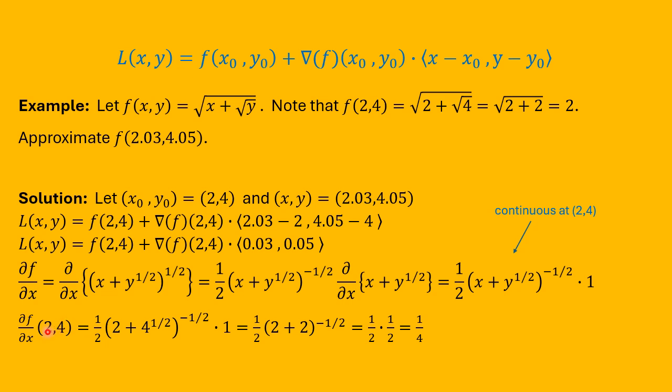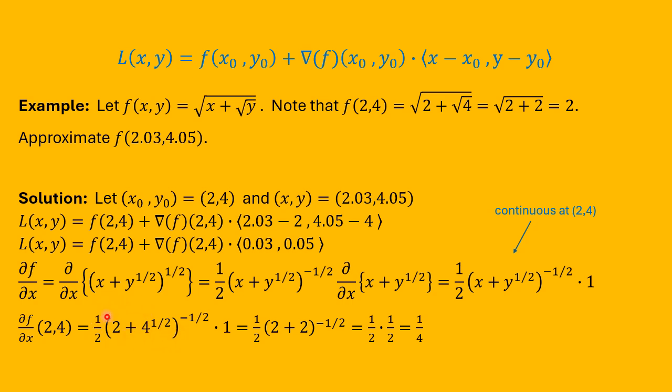So what we can then say is the partial of f with respect to x equals, and then we'll evaluate this at (2, 4). So plug in a 2 for the x, a 4 for the y, and so that's what we have right here. 4 to the 1/2 power is 2. And so this stuff inside is 2 plus 2.